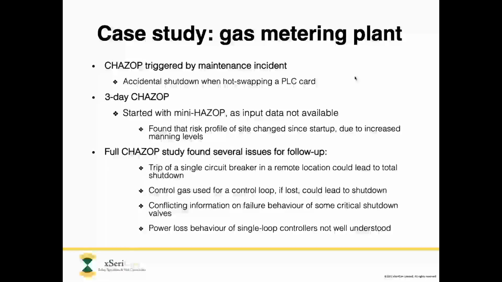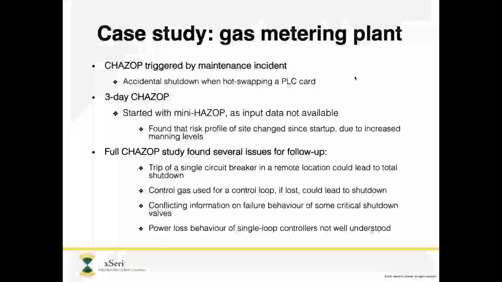So they decided to look at the system in more detail to find out whether there were any other lurking issues not yet discovered that they would like to deal with in order to improve the availability or the uptime of their gas supply to their clients.